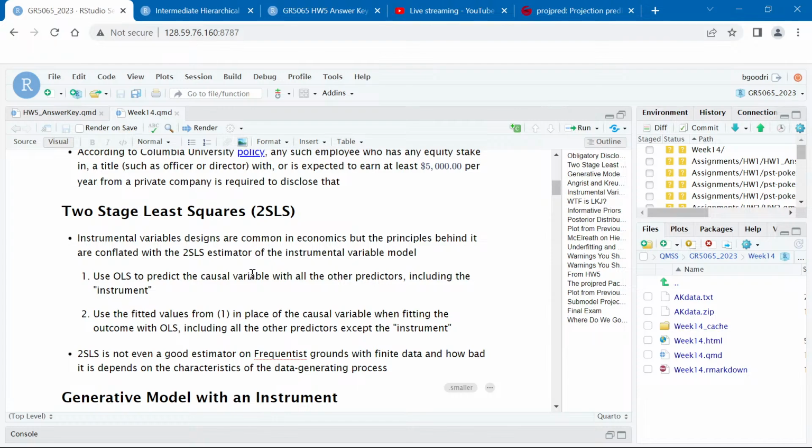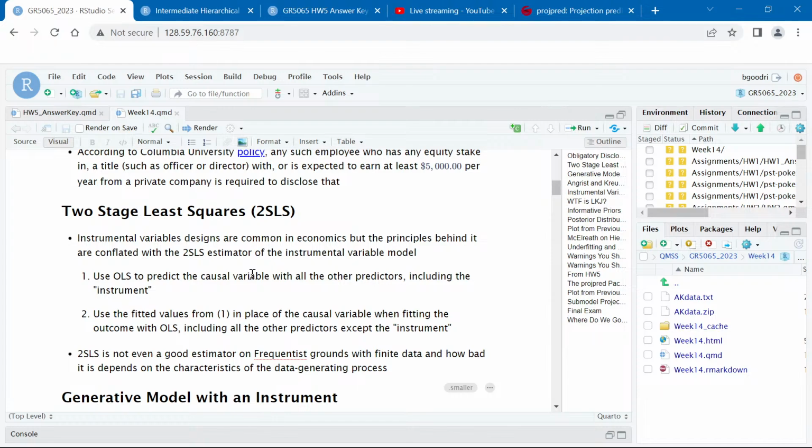So almost no economist or anybody else is like, I don't have enough data to apply this asymptotically justified estimator. They just do it anyway and then see what the results are.